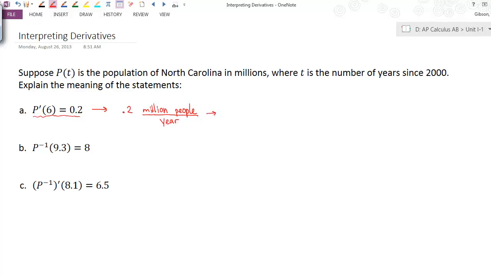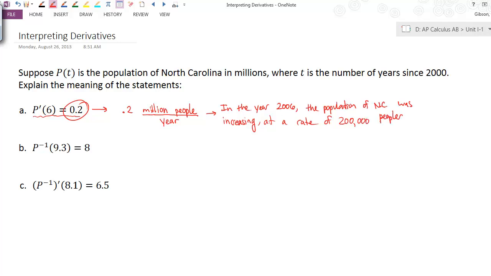So our little sentence we could write here is, in the year 2006, the population of North Carolina was increasing. Again, we know it's increasing because our rate of change is a positive number, at a rate of 0.2 million people, or we could say 200,000 people per unit of time, which is years.